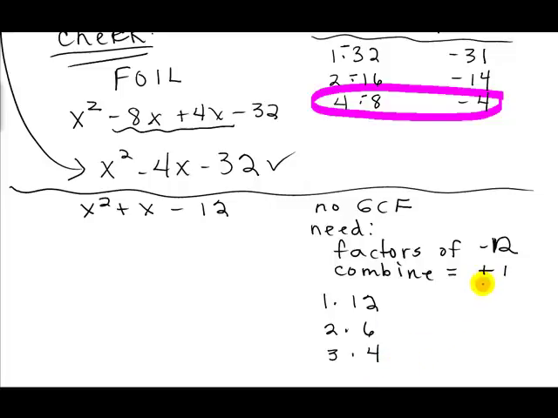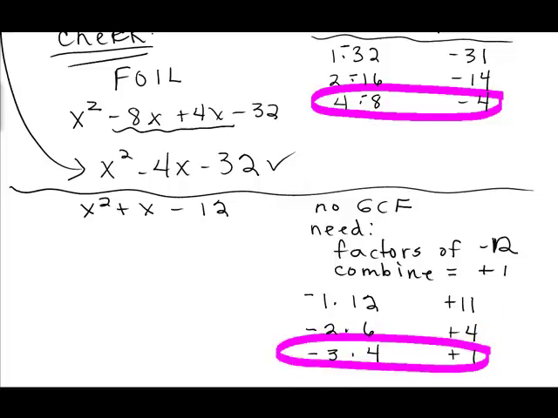Since our middle term is positive, then our large numbers here will be positive and our small ones will be negative. So when I combine, I have positive 11, positive 4, positive 1, and again, I have a winner.